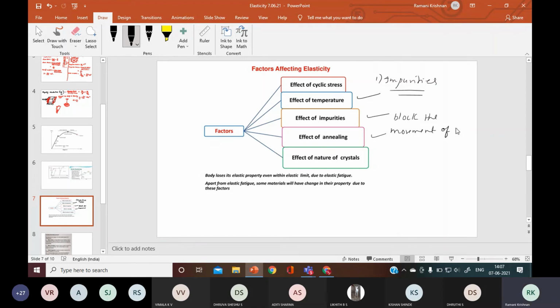Elasticity will increase. If they are allowing the movement of the ions, then it will reduce the elasticity. Ions will keep moving, they will not try to come back, so elasticity will decrease. So based on the nature of impurities, the elasticity may increase or decrease.